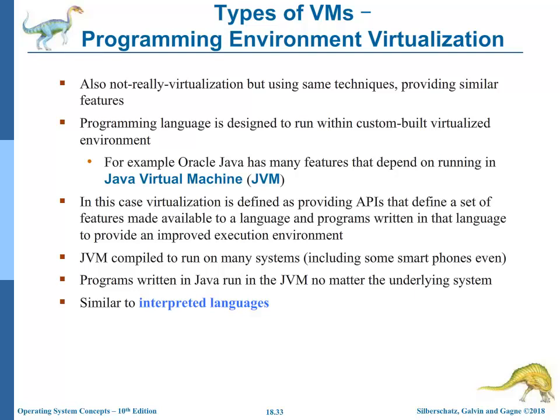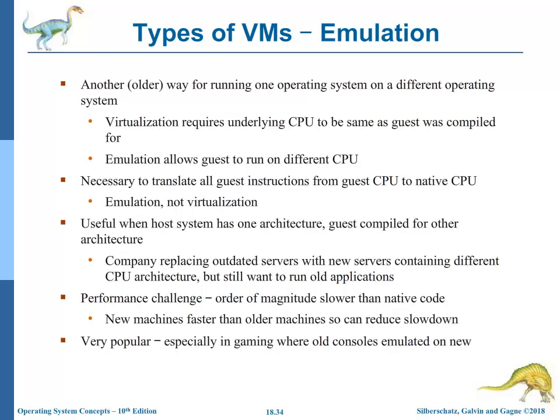It's similar to an interpreted language, which runs inside programs that read each instruction and interpret it into native operations. Emulation is useful when the host system has one system architecture and the guest system was compiled for a different architecture.